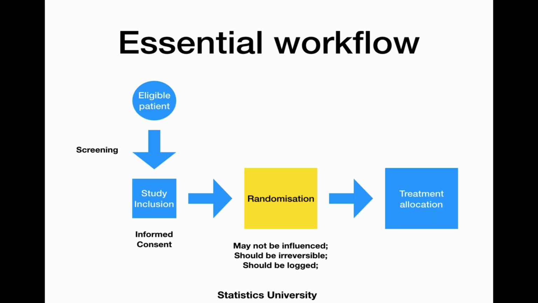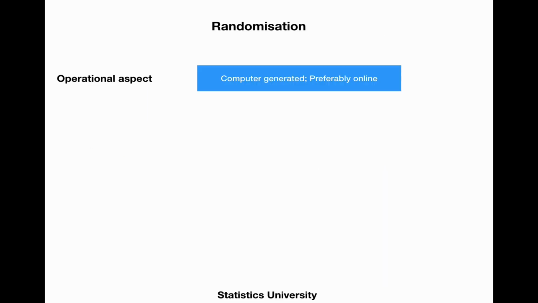And after that randomization, the patient is allocated to a treatment. Now, there are different ways to randomize, and in terms of an operational aspect, the preference nowadays is to use a computer-generated randomization, and preferably on a safe online server.